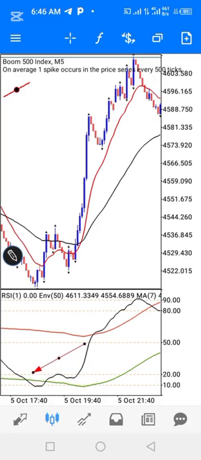Though you can start anticipating, looking for your buy entry, for your spike from 20 level, but a refined one would be your 10 level. Let this moving average 7 on your indicator window be at this 10 level, right? Before you place your buy, you start looking for your spike.